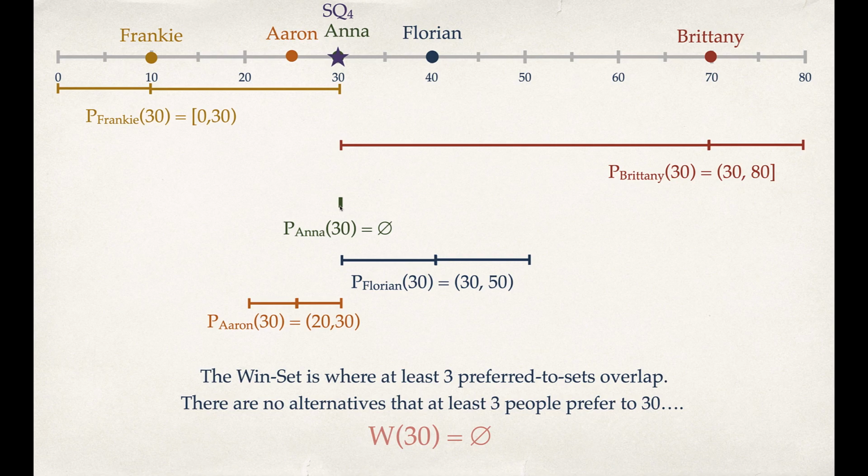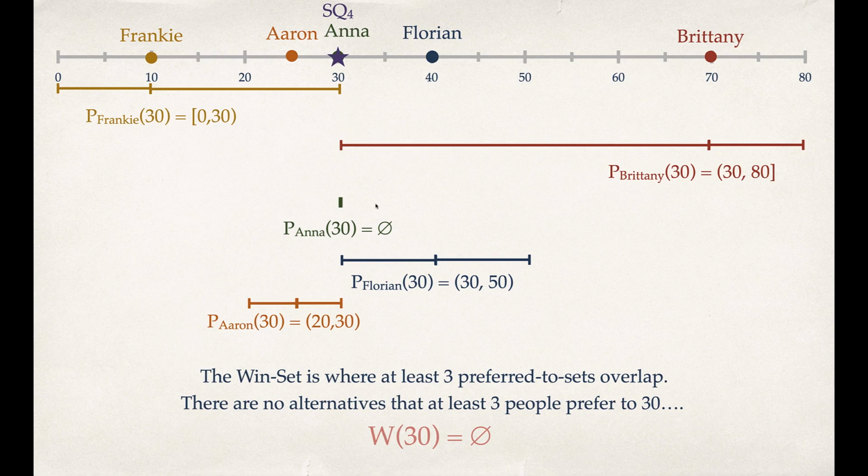So let's now find the majority rule win set. We need the place where 3 people's win sets overlap. Okay. Nothing over here. Only 2 people's win sets overlap between 0 and 30. Nothing over here. Only 2 people's win sets overlap between 30 and 80. Again, non-inclusive of 30.